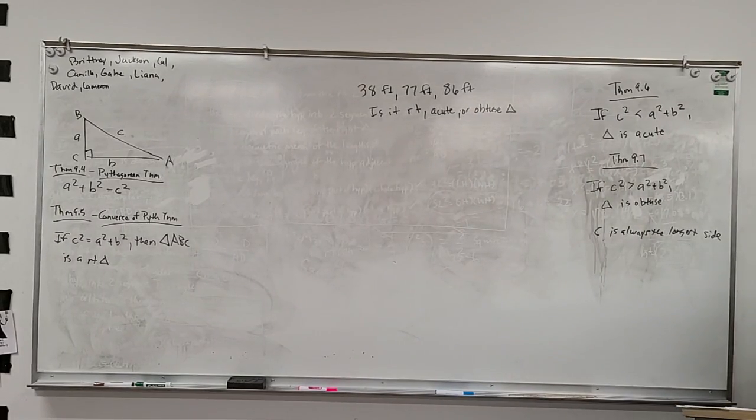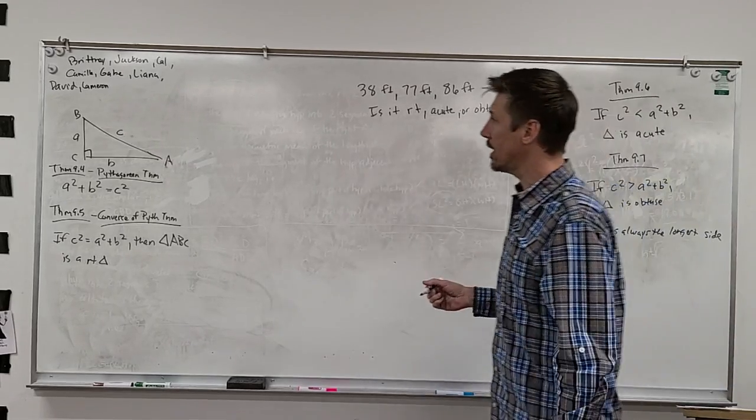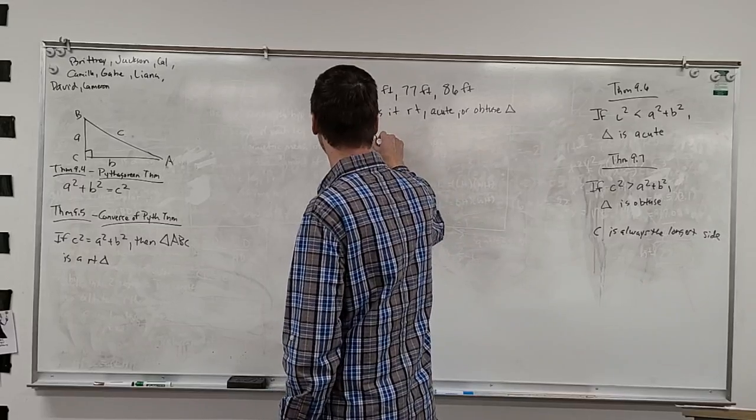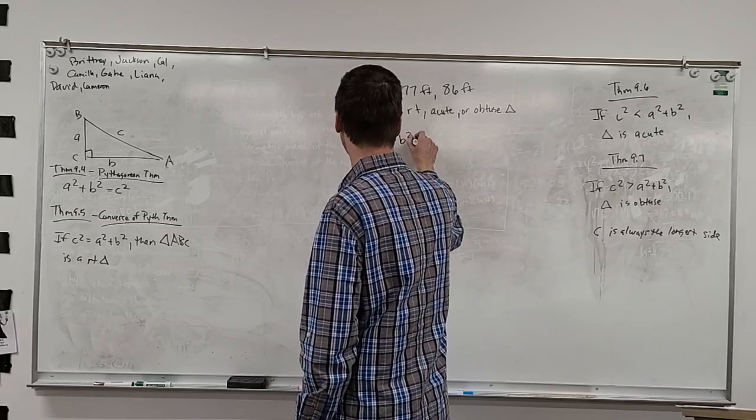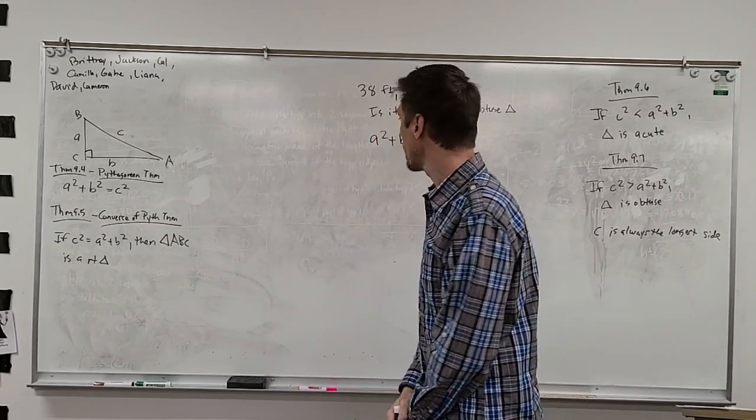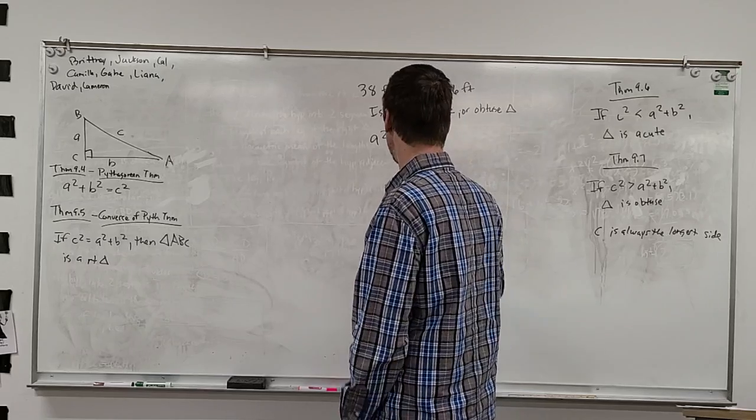So what am I going to do? You take the longest side. The longest side will be my c squared. So I'm going to write this down: a squared plus b squared equals c squared. My longest side is my 86.